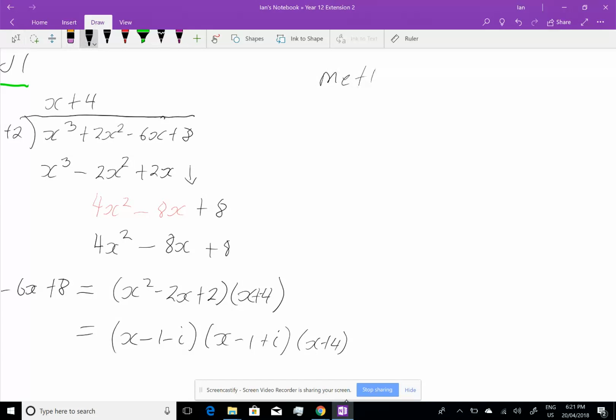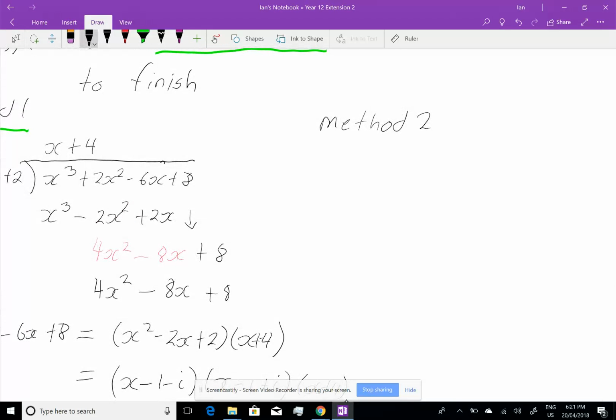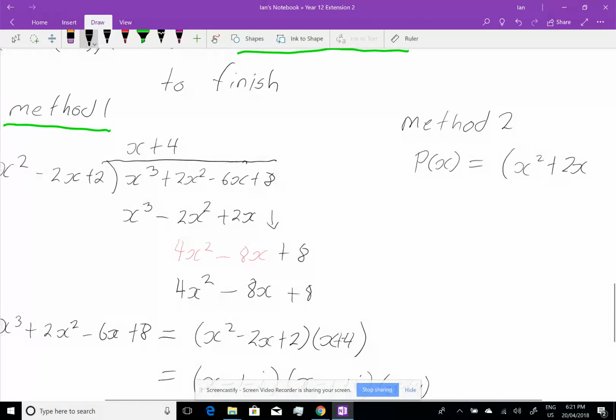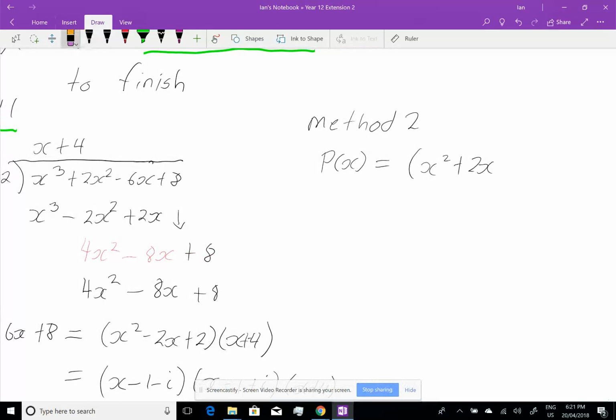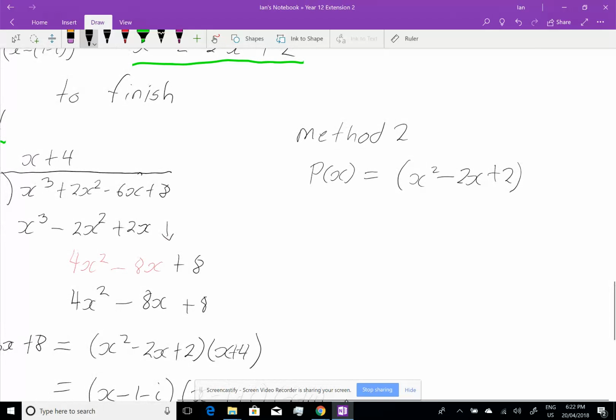This is how you probably should go about doing these. Method 2. Well, we know that p of x equals x squared minus 2x plus 2 times some other root, and we don't know what that is.